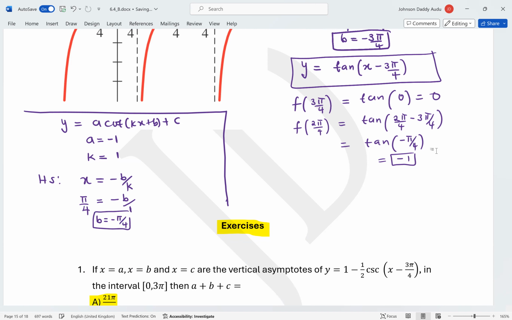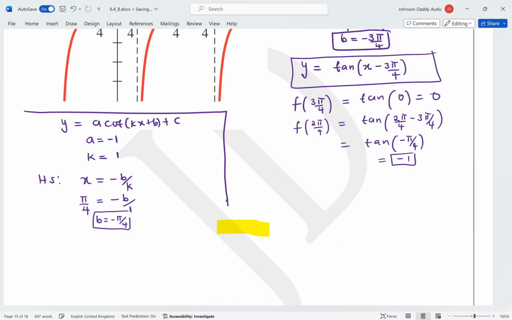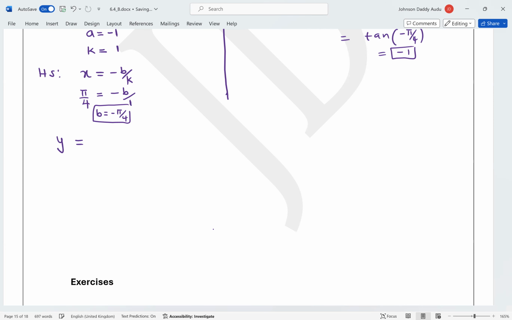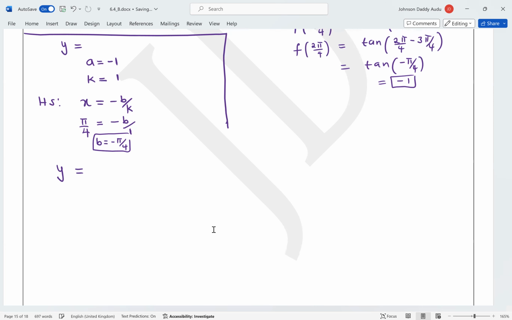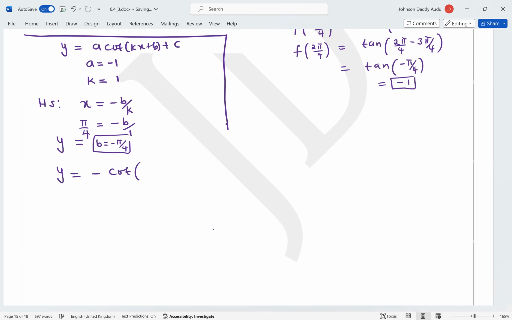So when we write, we will have some difference here. So it simply means that we're going to have y equals minus cotan of x minus pi over 4.